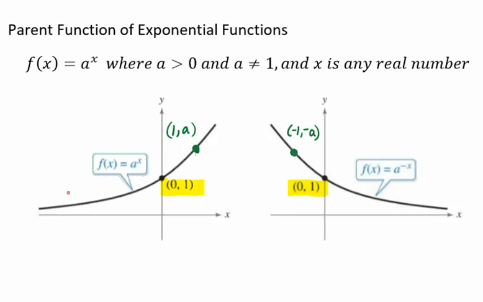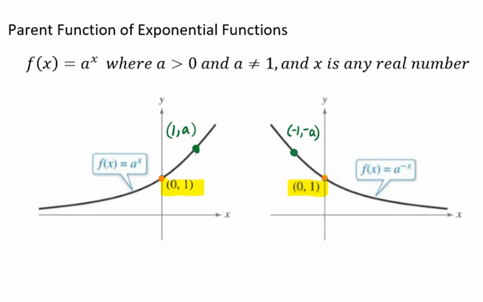Each graph is going to have the point (0, 1) located on it, as we see here. It's also going to have the point (1, a) if it's positive, and if it's a negative exponent, it'll be (-1, a).